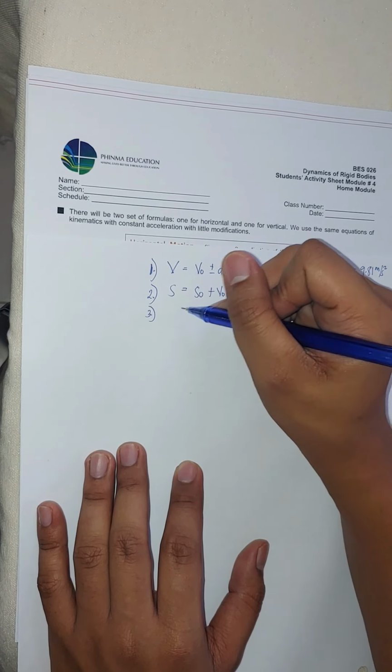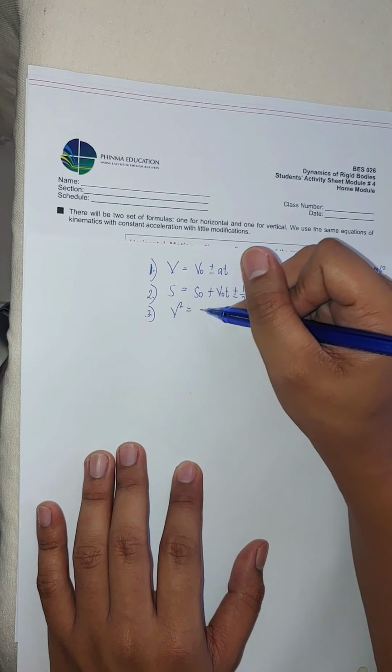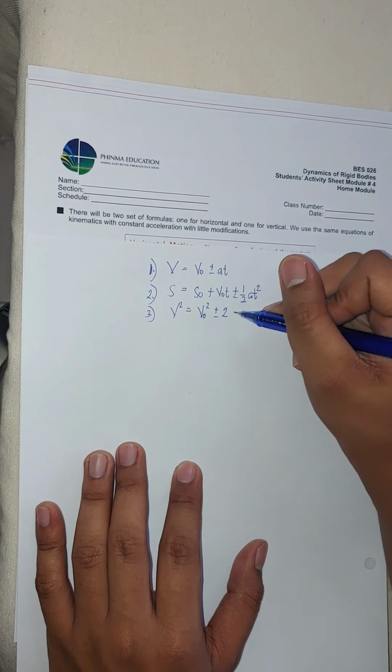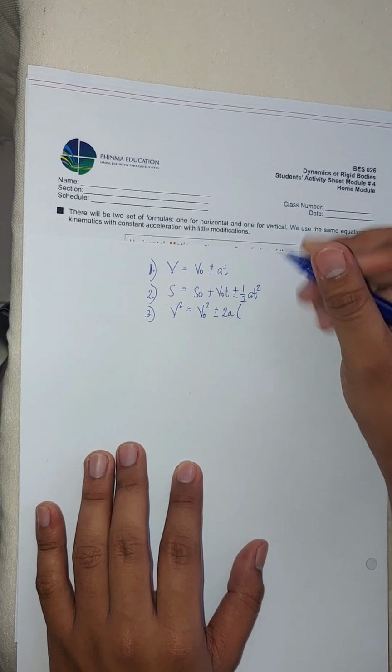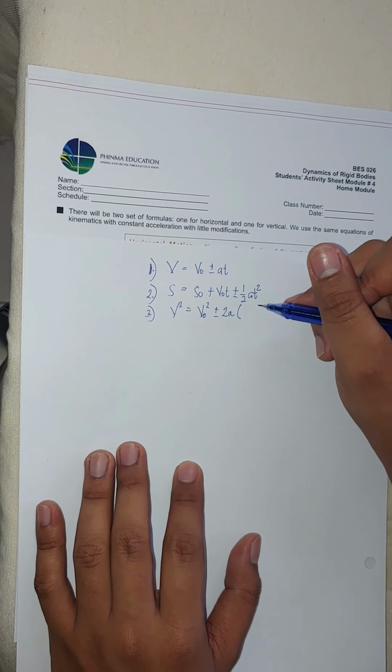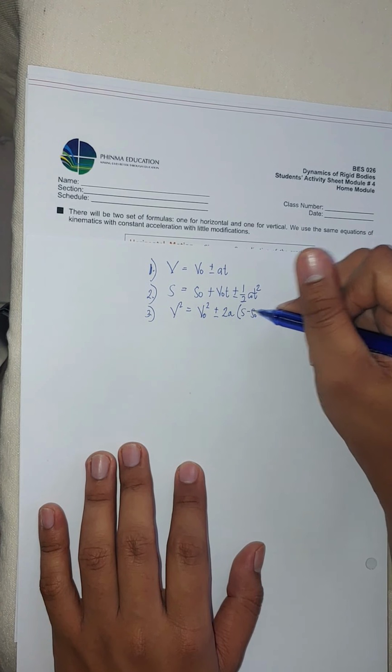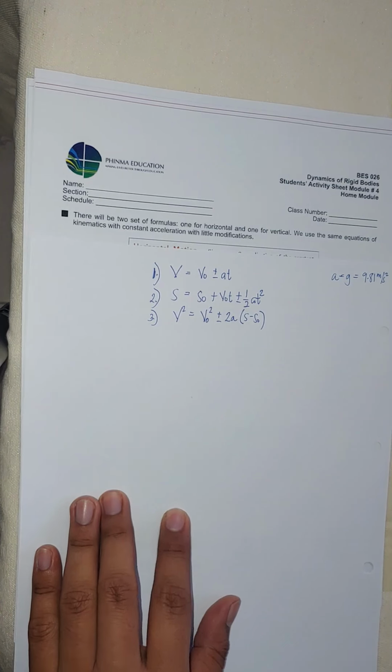And then the third one, the square of the final velocity is equal to the square of the initial velocity plus or minus 2 times the acceleration and then the displacement, the final position minus the initial position.